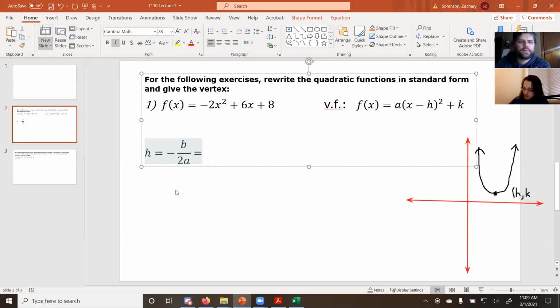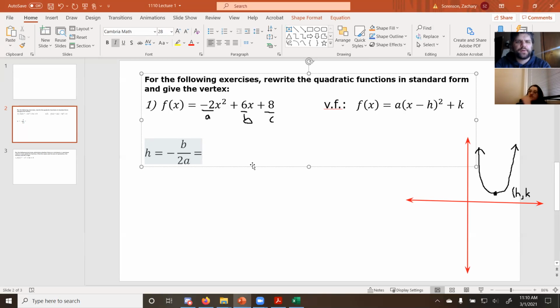I'll annotate that when we write a quadratic, we have an A, a B, and a C. So this is my A, this is my B, and as far as vertex form goes, the C is not super important. So that's where those values are coming from.